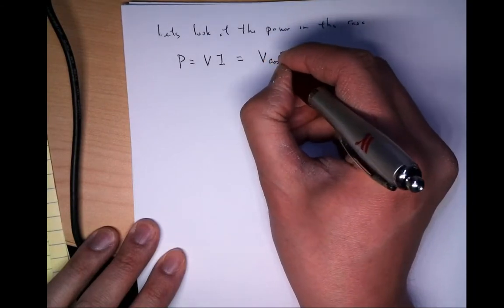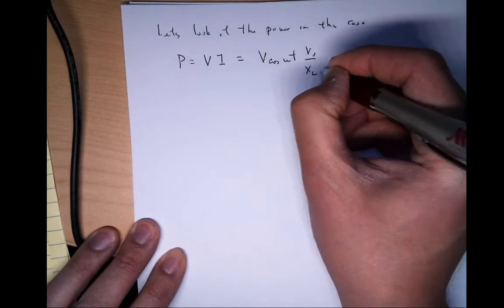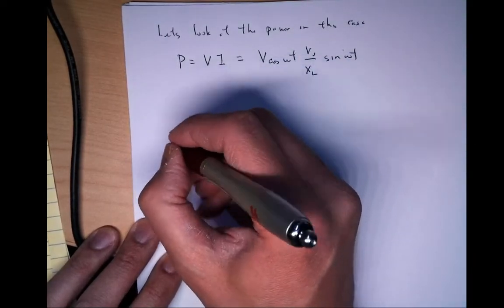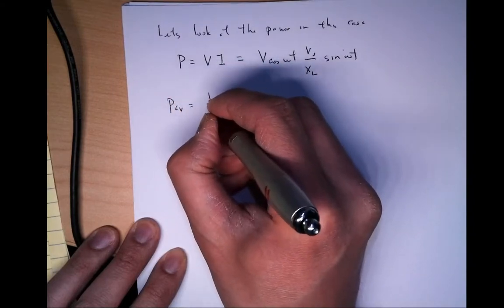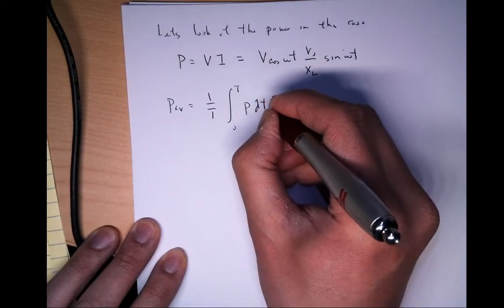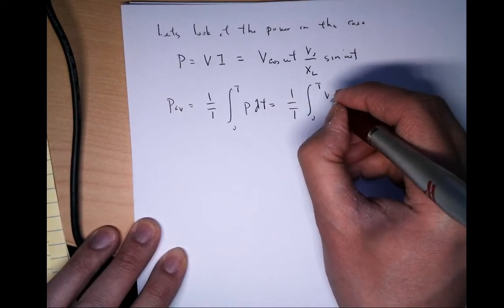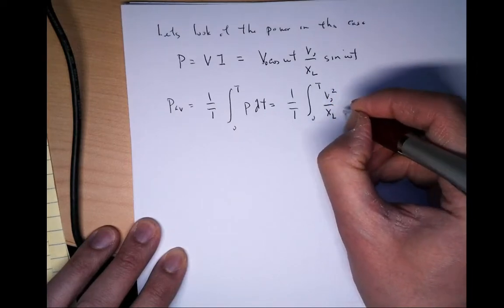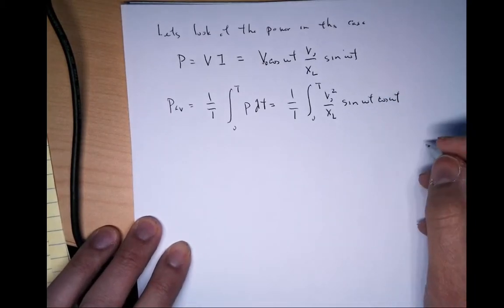That's V cosine omega t, and I was just going to be basically V0 over XL, the inductive reactance, sine omega t. Okay, so that's the power. What we care about is the average power. That's 1 over T, integral 0 to T, P dt. That's 1 over T, integral 0 to T, of V0 squared over XL, sine omega t, cosine omega t.